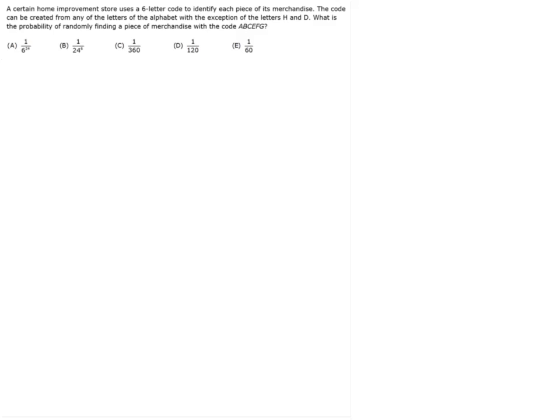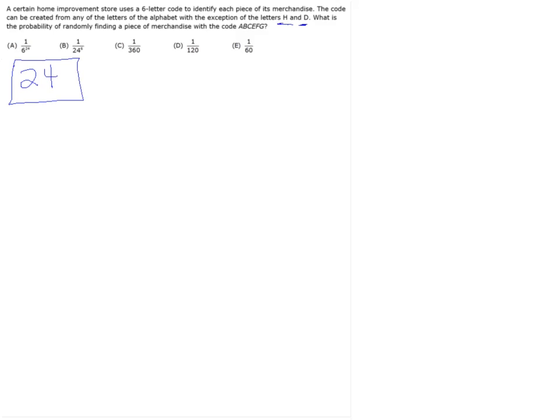The code can be created from any of the letters of the alphabet with the exception of H and D. So the only thing that's unusual in this problem is that any part of the code can be created from any of the letters but H and D. That means we have a total of 24 possible letters, right? Normally there'll be 26 letters, but H and D are excluded from being allowed in the code.